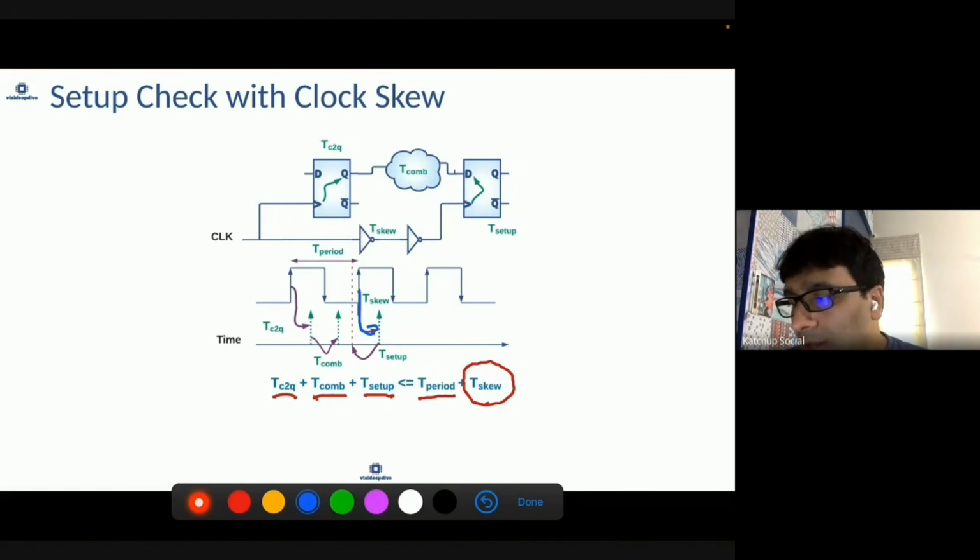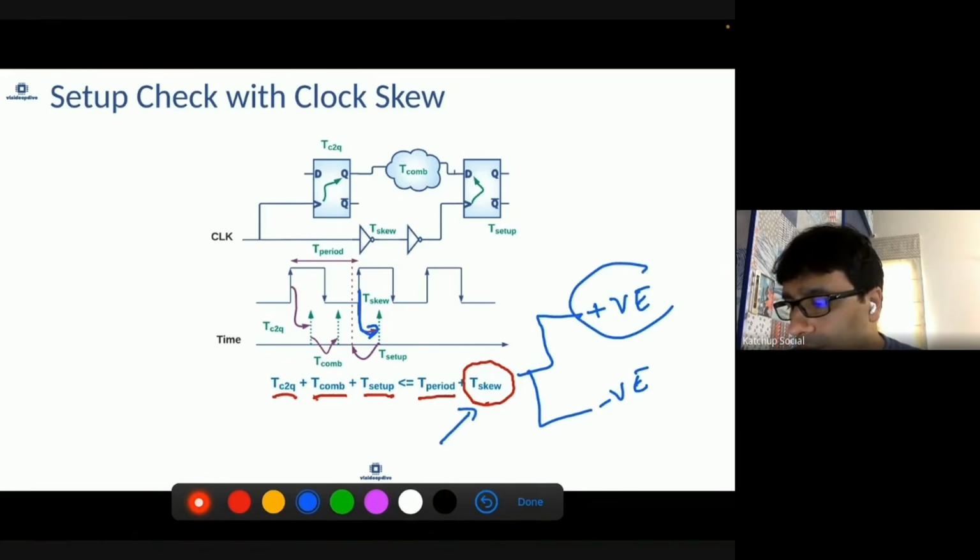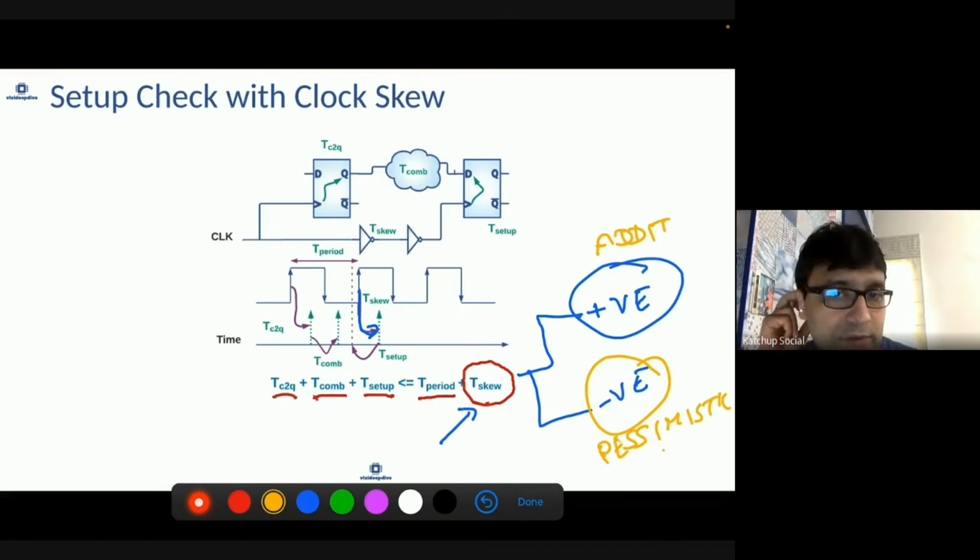Now, as we had seen, skew can be positive or negative. If skew is positive, which is the case here, you will get additional margin to meet your setup time. If skew is negative, your timing becomes more pessimistic because the clock now arrives early.